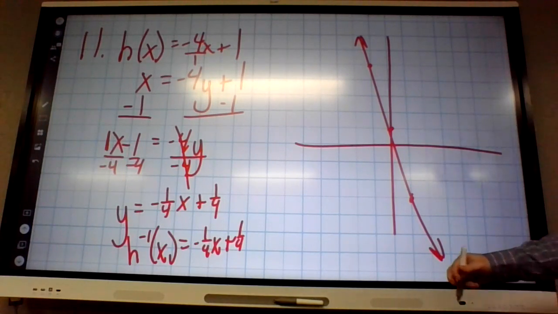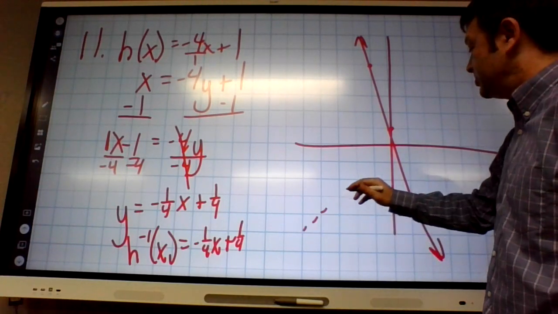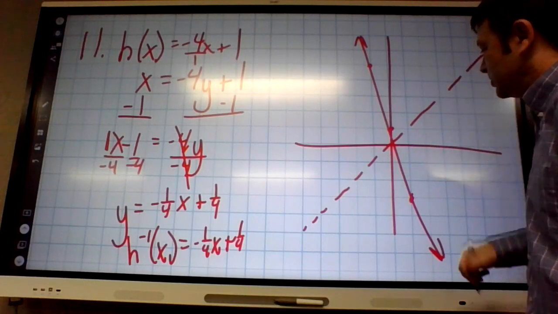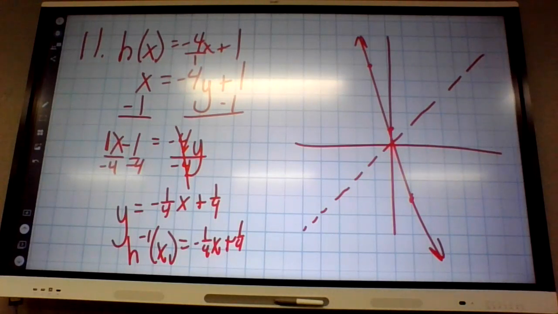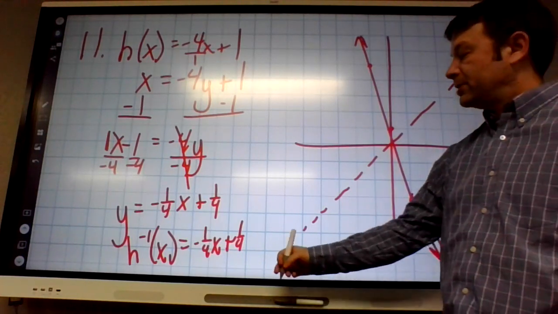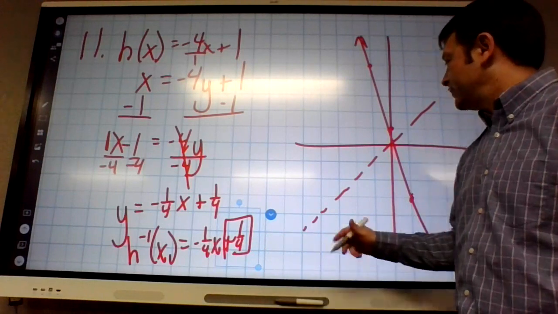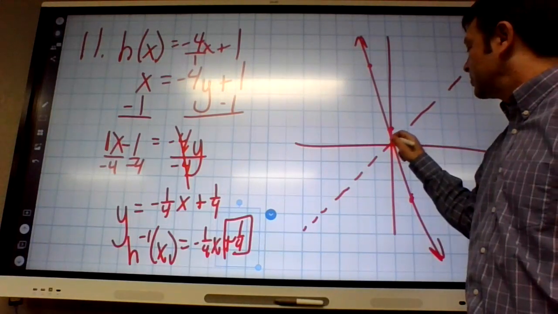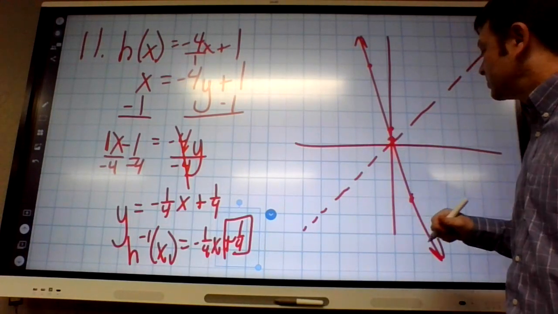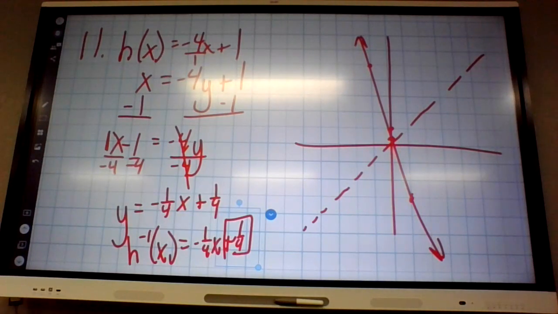Now if we did it right, our second line should be a reflection over that. Okay, where am I going to start the other one? Up 1/4. Pretty low. And then where am I going to go from there?